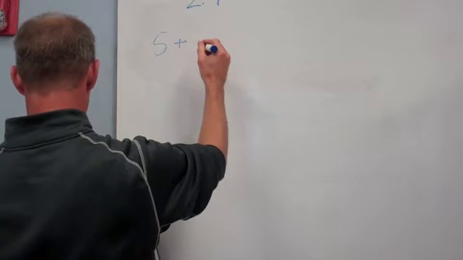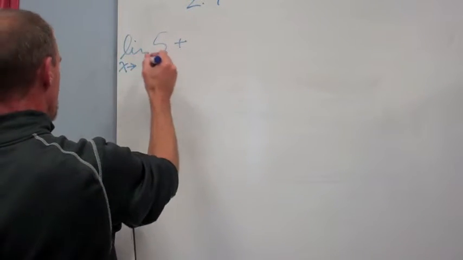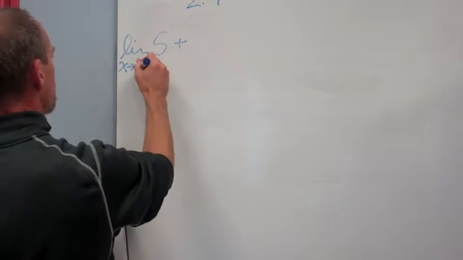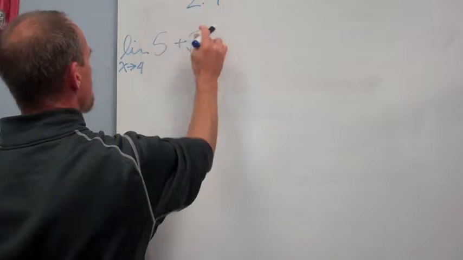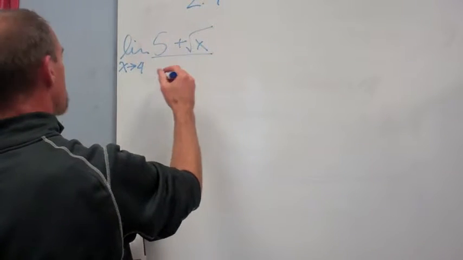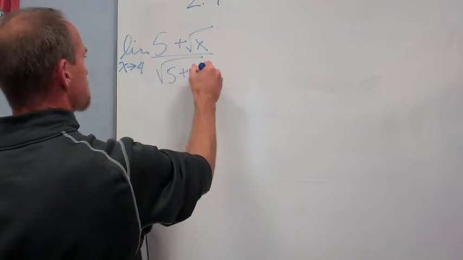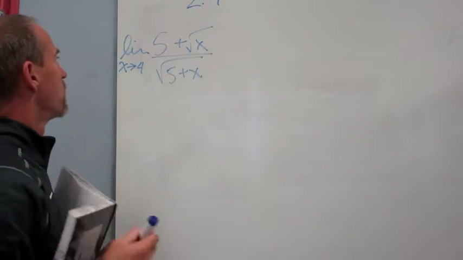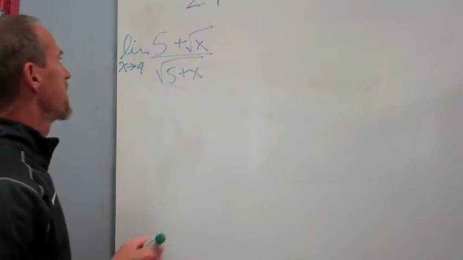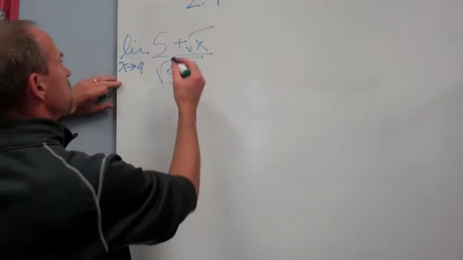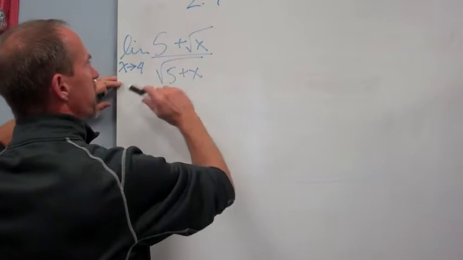Now the limit as x approaches 4 of 5 plus radical x over radical 5 plus x. Okay? So if I'm going to find the limit based on the fact that it's continuous, I need to look at the numerator and ask myself, what is the domain of this?